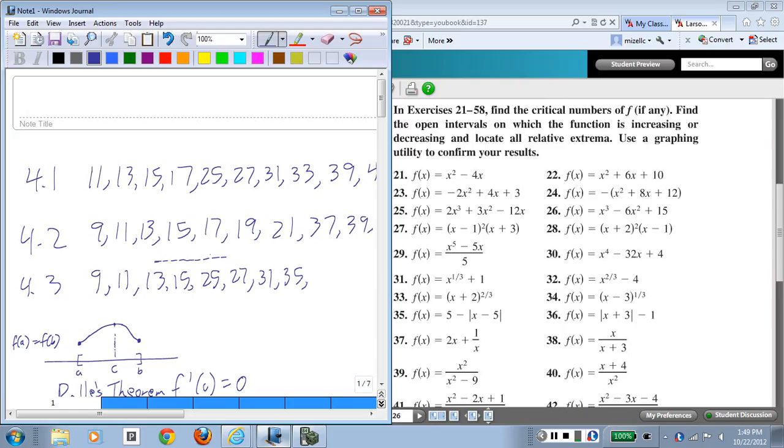Get points of non-differentiability and possible locations of relative extrema at those critical points. 37 is a nice one.